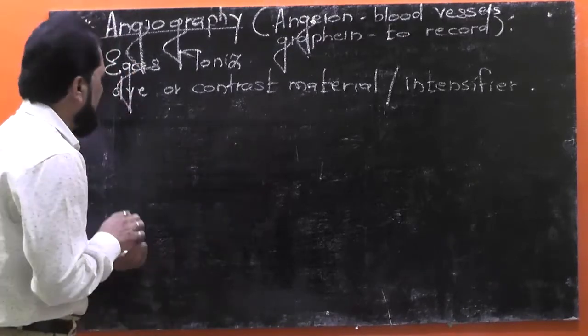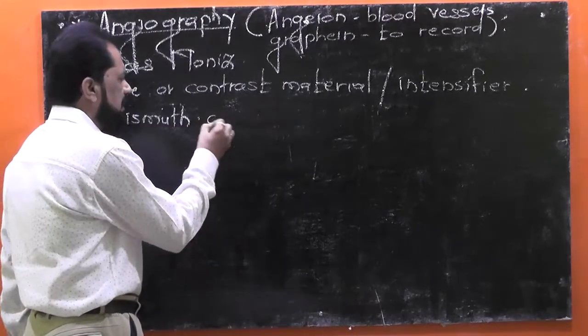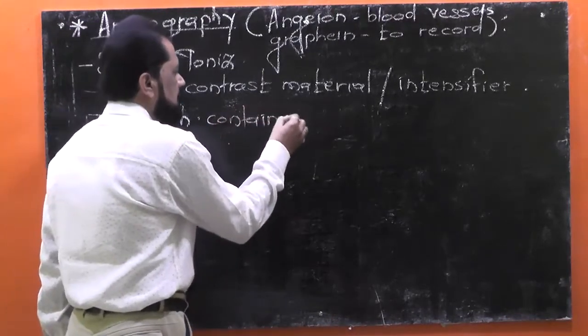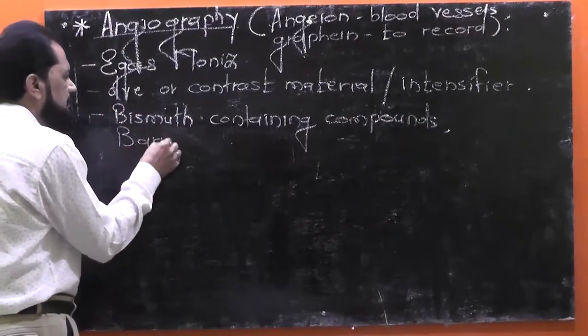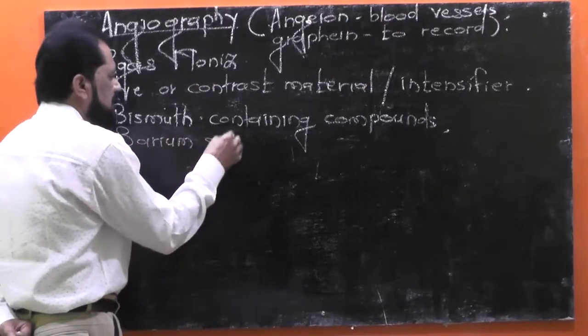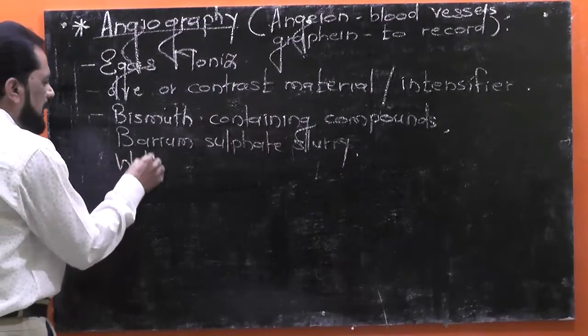Generally, the dye or contrast material used is bismuth containing compounds, or barium sulfate slurry, or water soluble iodine dye.